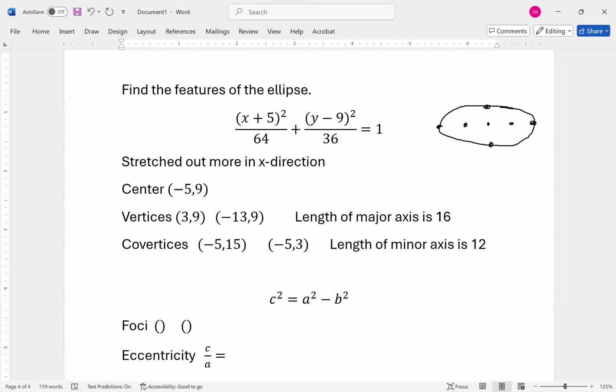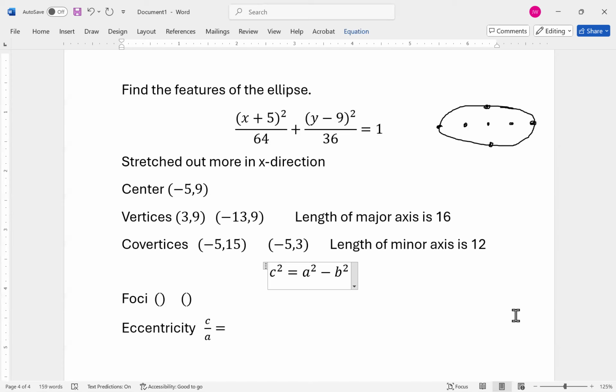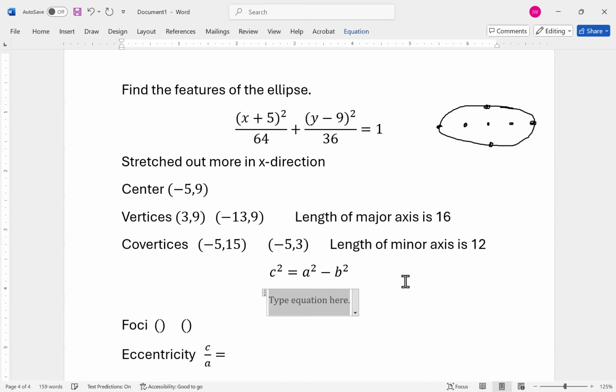And now the last couple of things I need to find, the foci and the eccentricity, both require me to figure out what that c value is for ellipses. Well, a squared, a is always the bigger number, so in this case that's 64, minus 36. 64 minus 36 is 28.